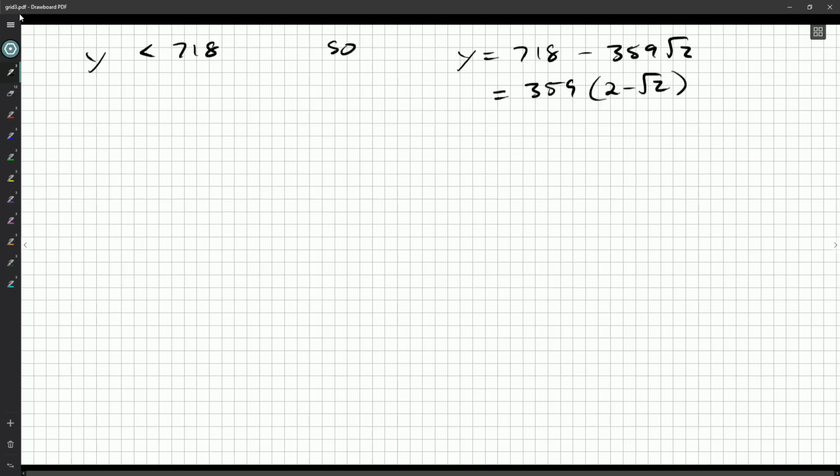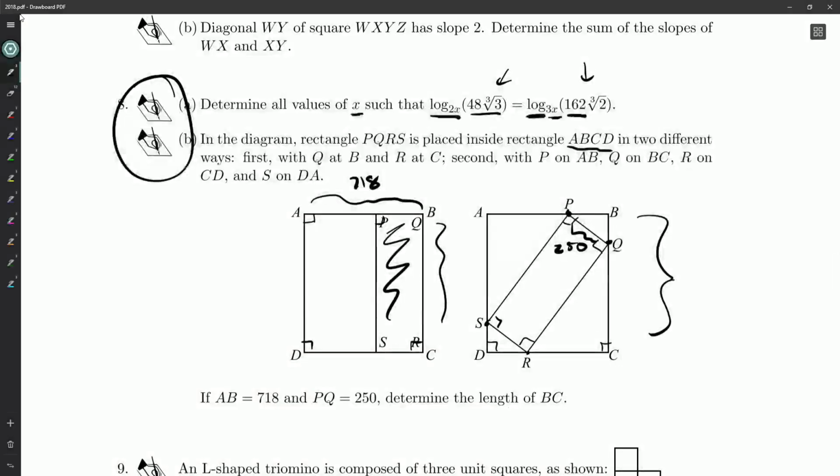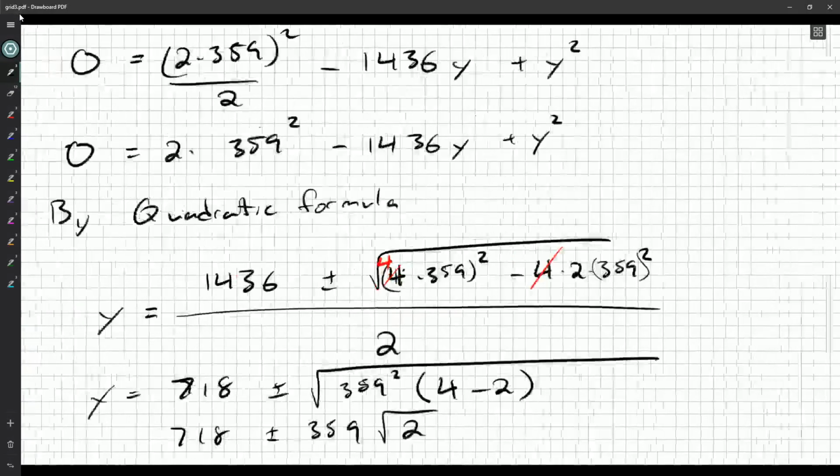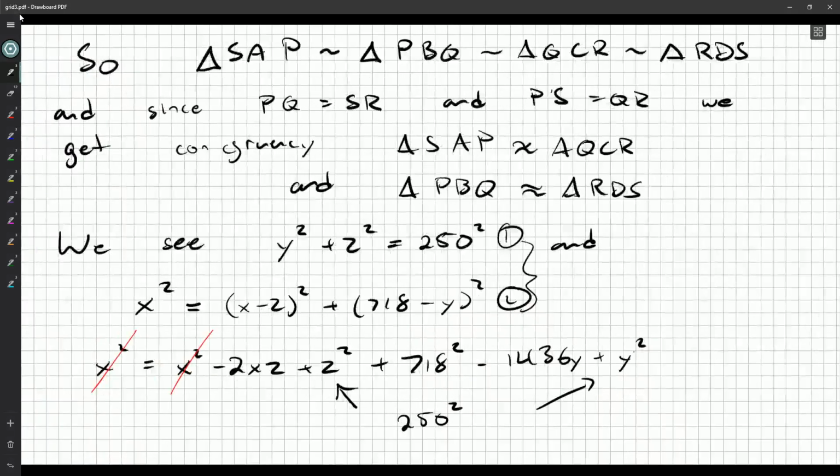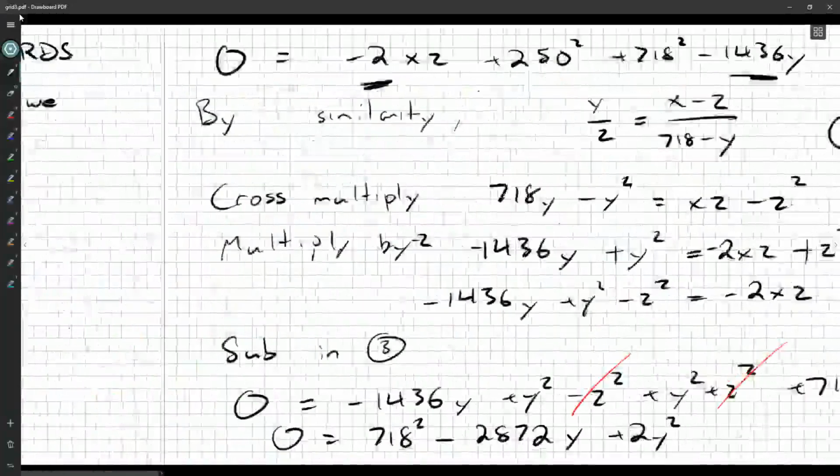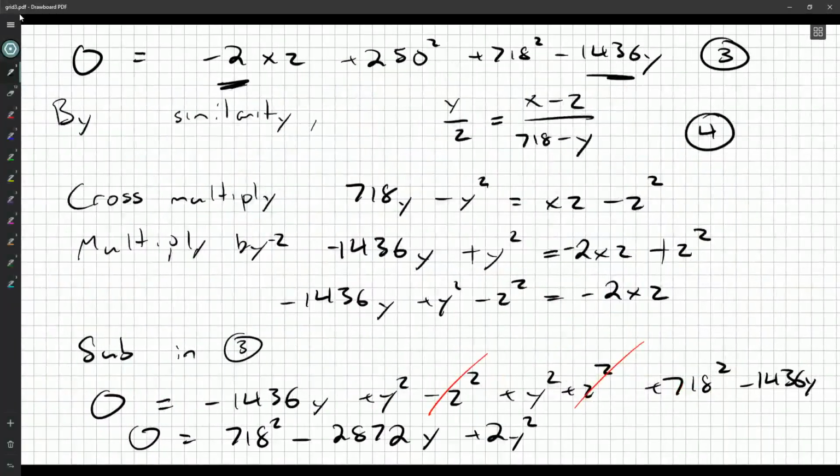And we just want x, don't we? Right? We just want this length here or this length here, whichever one. And so we've got y. Let's solve for x. Using, actually none of these equations are particularly enticing.